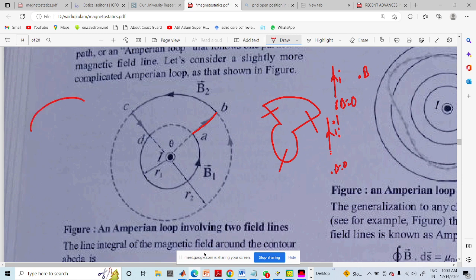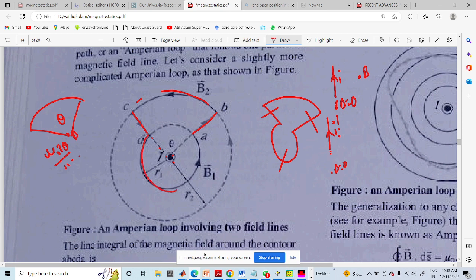If we have this arc with angle theta and want the magnetic field here, we can calculate mu naught I theta upon 2 pi r, or 4 pi r. We know this thing. So because of this path we can calculate the magnetic field here. Similarly, because of this it is in the same direction, so it will be 0.